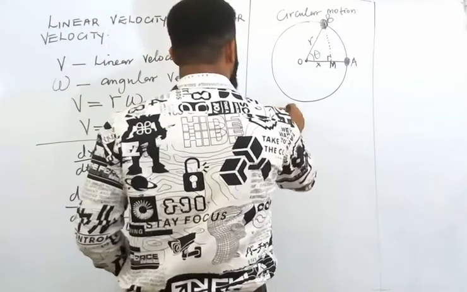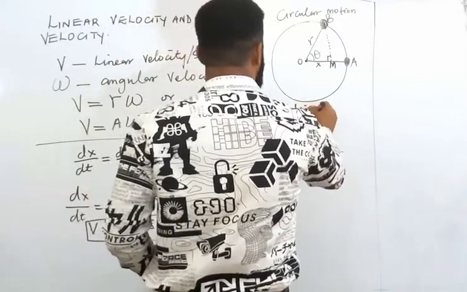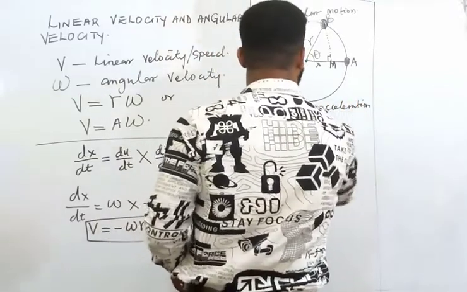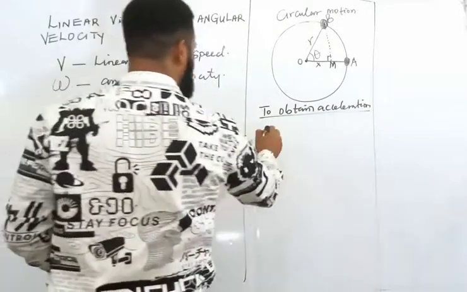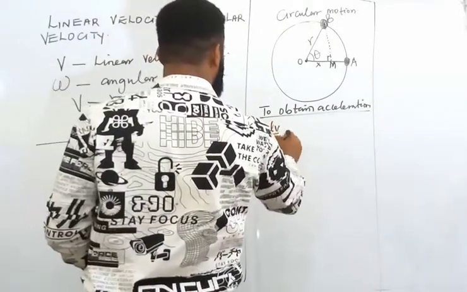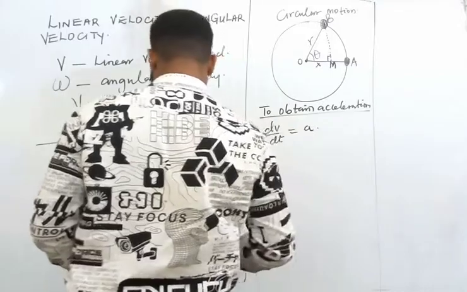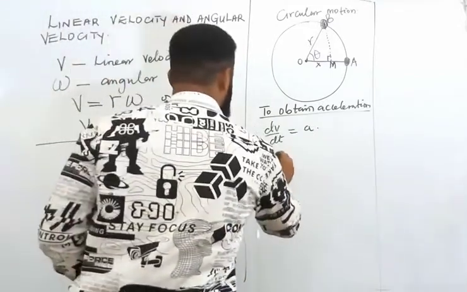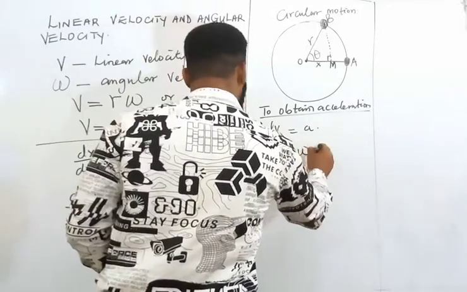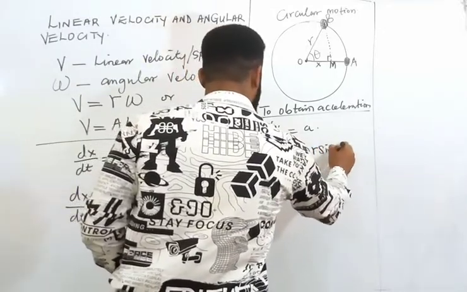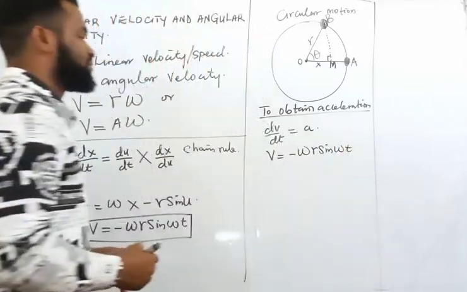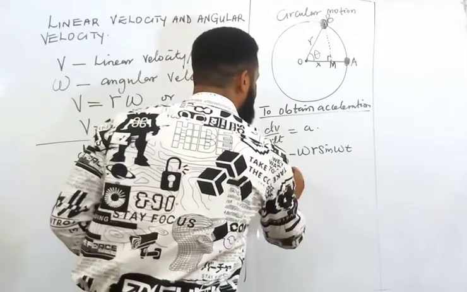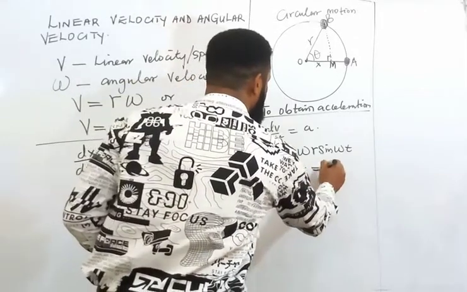Now, to obtain acceleration, I am going to differentiate v with respect to t, which is given as acceleration. And I have v is equal to minus omega r sine omega t. The same thing I said, I'm going to say let omega t be u.